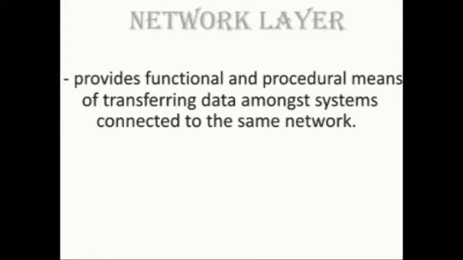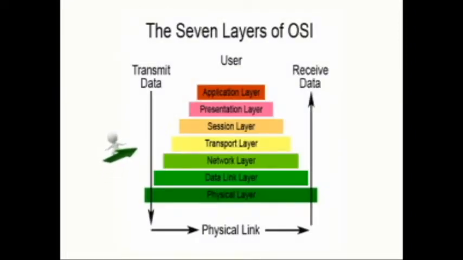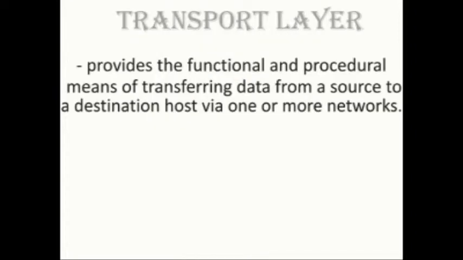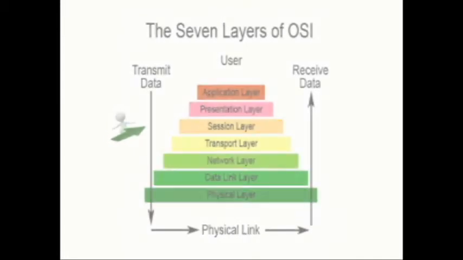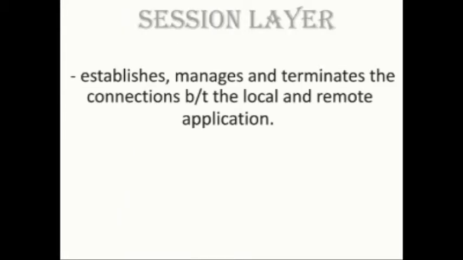The network layer provides functional and procedural means of transferring data amongst systems connected to the same network. The transport layer provides the functional and procedural means of transferring data from a source to a destination host. The session layer establishes, manages, and terminates the connection between the local and the remote application.